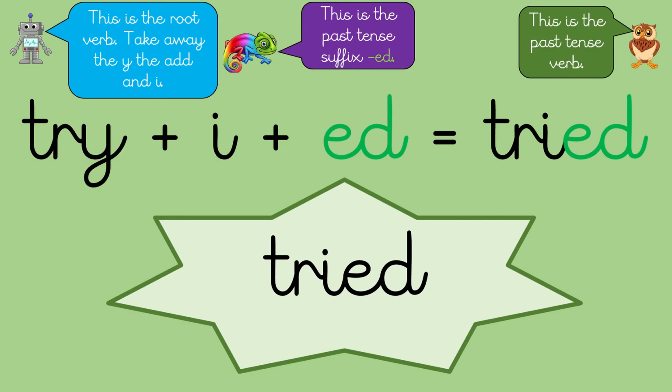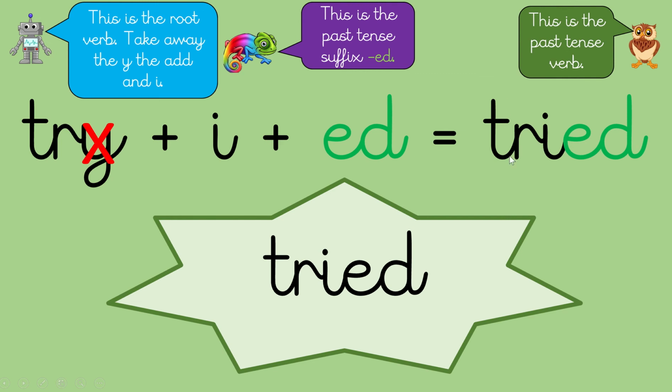Right, let's have a look. Okay, right. So Rex is saying, this is the root verb. Take away the Y and add an I. Right, take away the Y. Add an I. This is the past tense suffix ed. Okay, so we've got ed. Can you see it just there? And then Oswald's saying, this is the past tense verb.